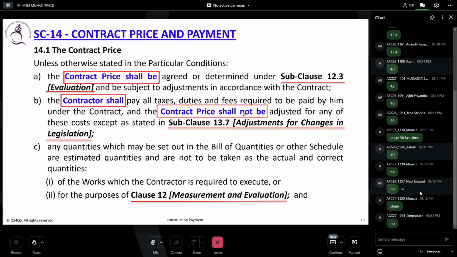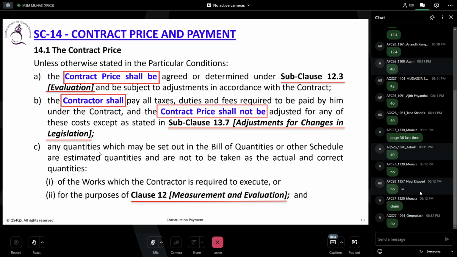So anything that happens will be part of the variation. Don't bring it to the client. Some contracts don't allow for changes in cost. If it is a fixed rate contract, then the contractor must price the risk of cost inflation within the rate. Otherwise, it is applicable.